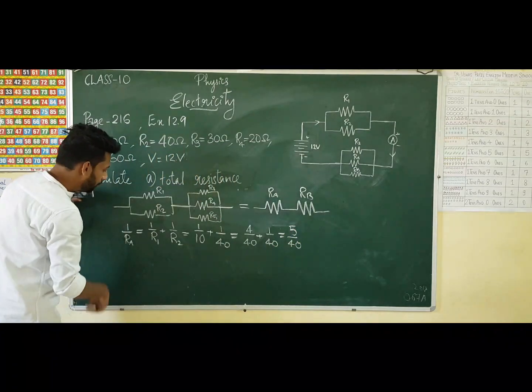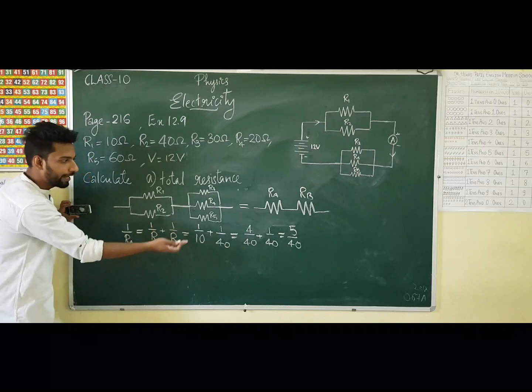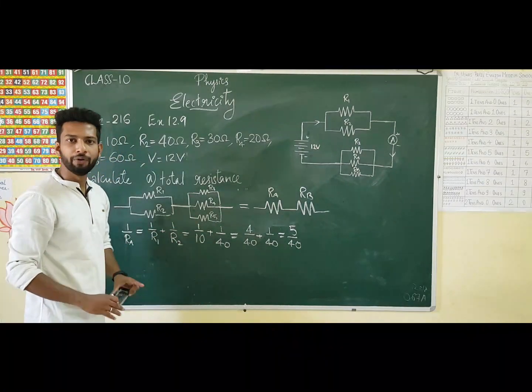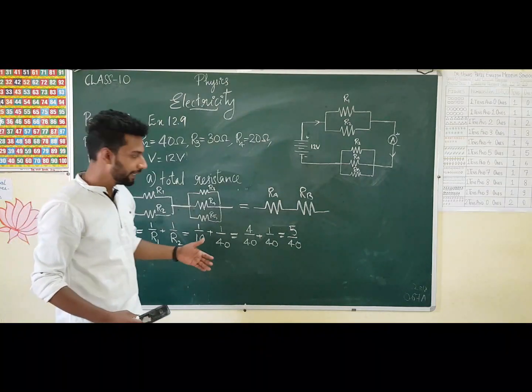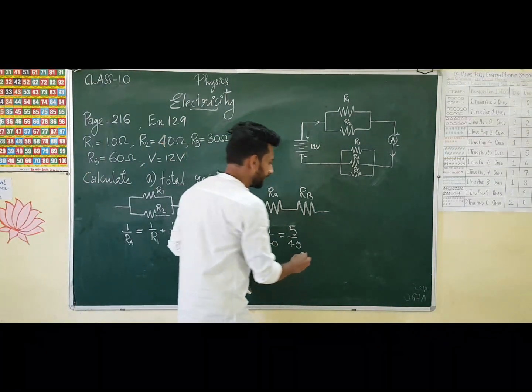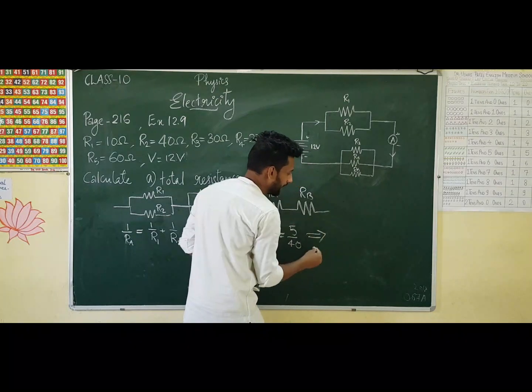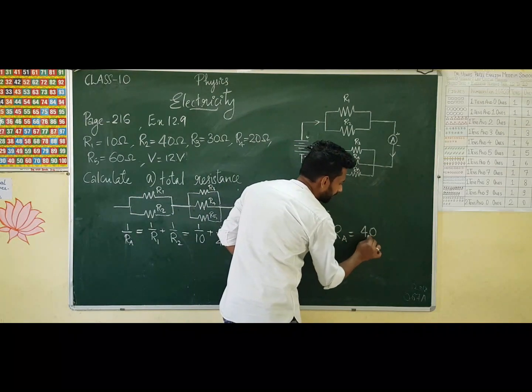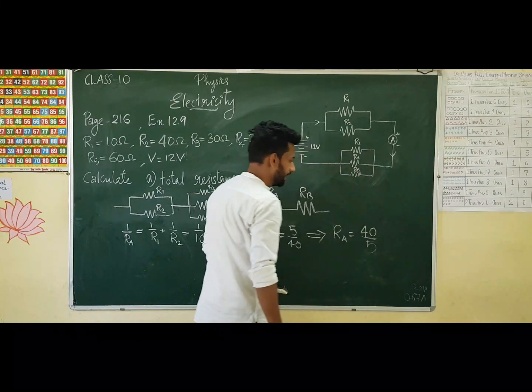Now we got 1 by Ra equals 5 by 40. Isn't it? In order to find Ra, we have to take the reciprocal of this. Implies Ra equals 40 by 5.